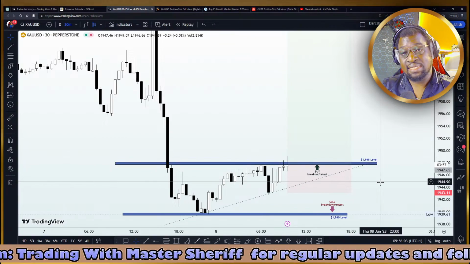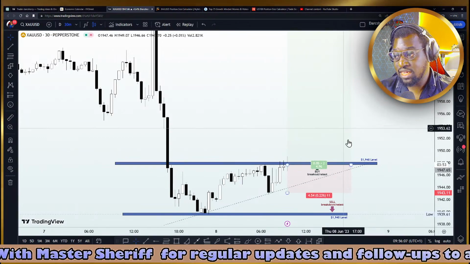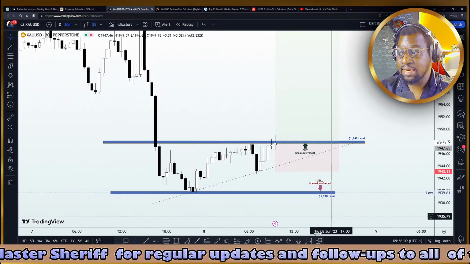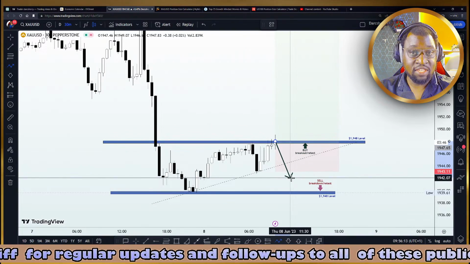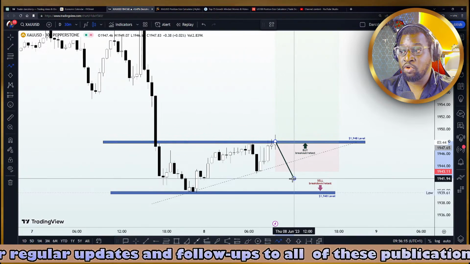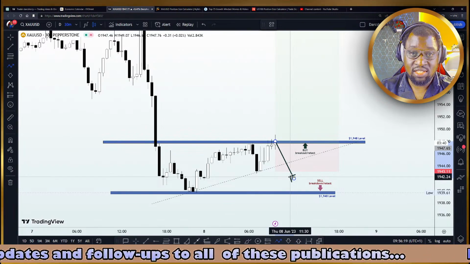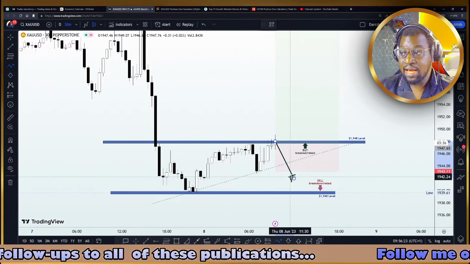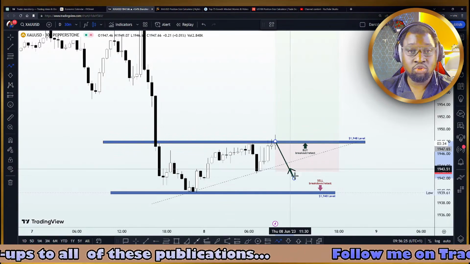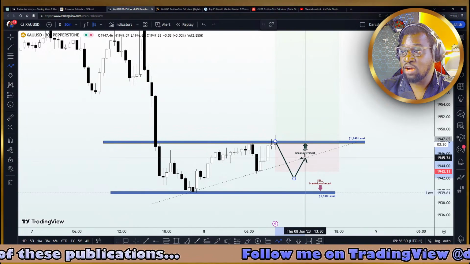But if at any point in time during the London and New York session today, we see price action take us out of our buy position and lead into a situation where price drops below this bullish trend line, then at this point we want to start considering selling, where this whole structure here could transition into a trend continuation pattern to the downside. And if this happens, I want to scale down to my lower time frame, 5, 10 or 15 minutes time frame, to look out for a retest.